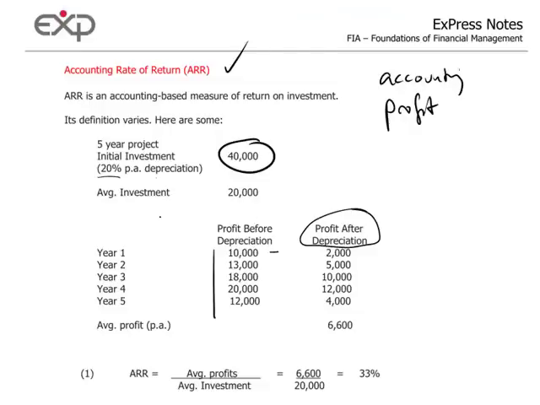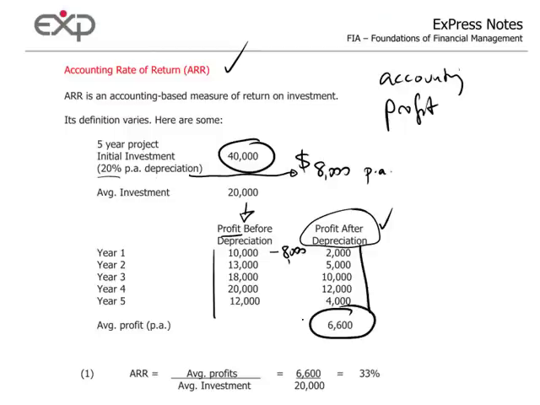This is on a straight line basis. Over 5 years, a $40,000 project is going to cause depreciation to be charged at the rate of $8,000 per annum. If we subtract 8,000 from each of the profit figures before depreciation, then we will get the post-depreciation profit. And these numbers added together give us an average profit per annum of $6,600.